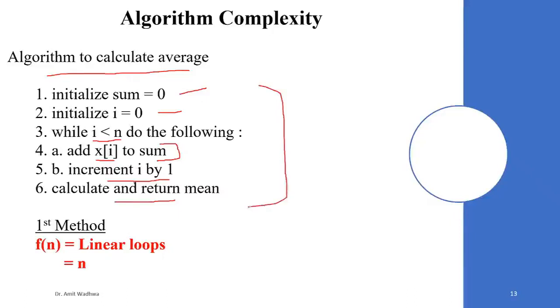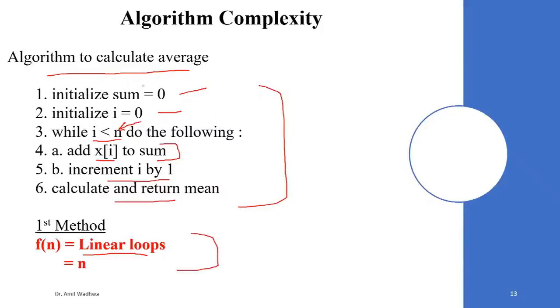Now we have to check the algorithm's running time. Generally the method says that if it is a linear loop, a loop in which every time the increment is by 1 and it is based on the data size, which can be of limit n, then for a linear loop the default size is n.